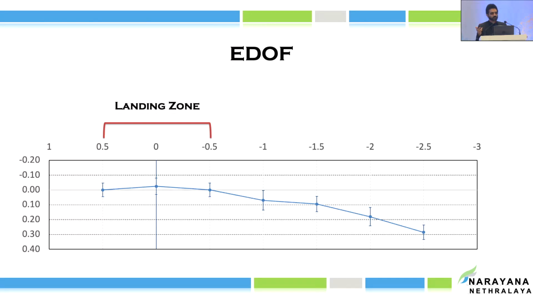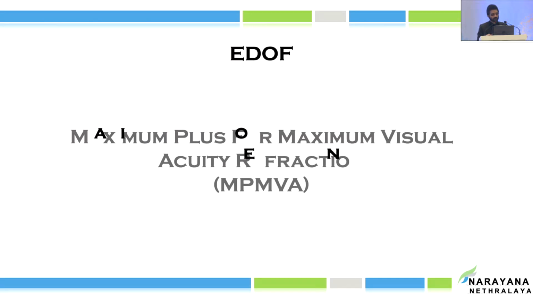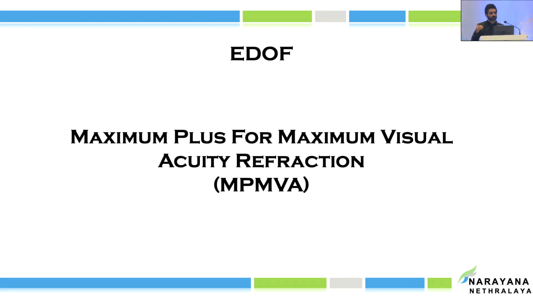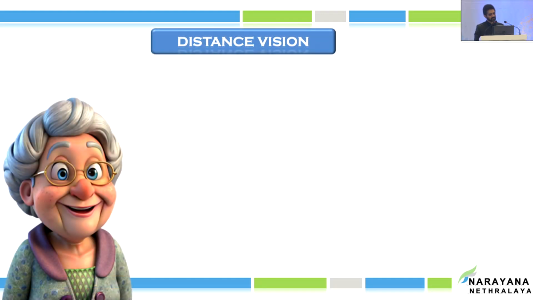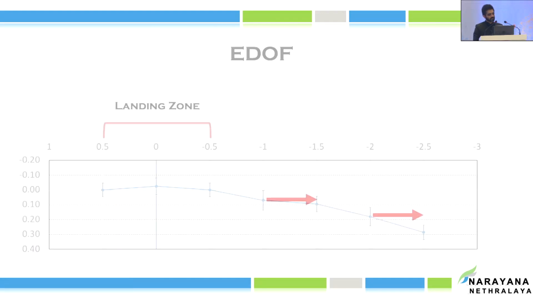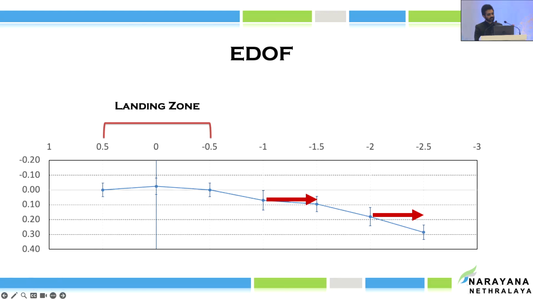So I don't know what to do, right? We have to remember the concept of maximum plus refraction in these patients. We are trying to push the defocus as much as possible so that we exploit the entire potential of the lens. When you maximize it, you shift it, so automatically your near and intermediate improve. So whenever you refract EDOF IOLs, just keep that in mind: maximum plus.